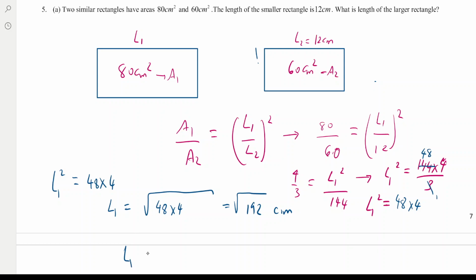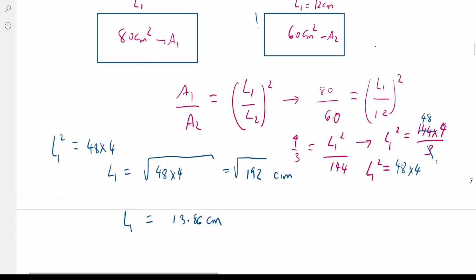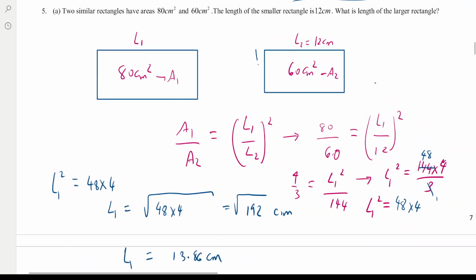So we can say L1 is 13.86 centimeter. So the length of the larger rectangle, dear students, is 13.86.